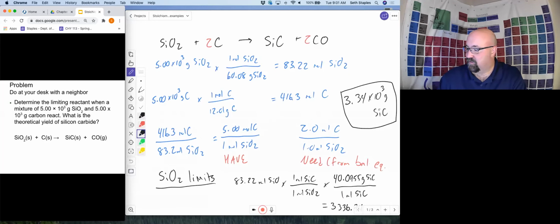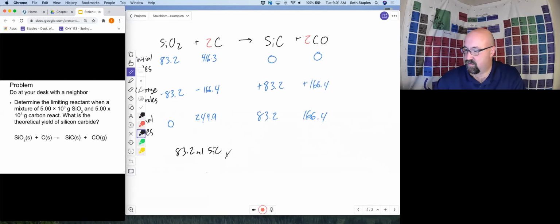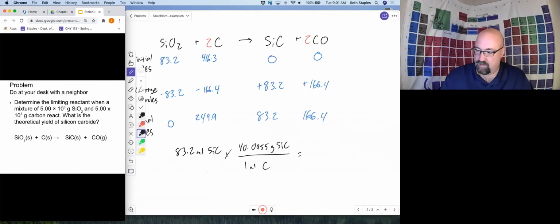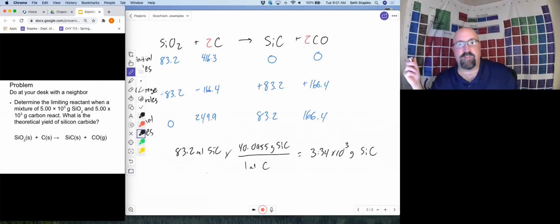I have to look back to see it was 40.0955. And we put that into our calculator. And we see hopefully the same answer we had before: 3.34 times 10 to the third grams of silicon carbide.